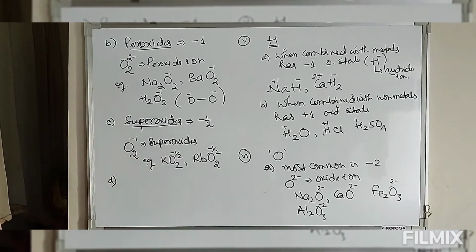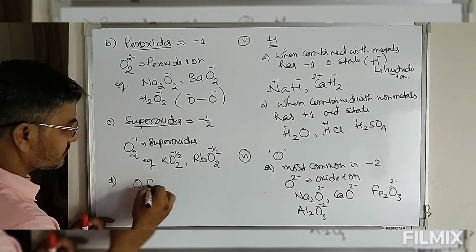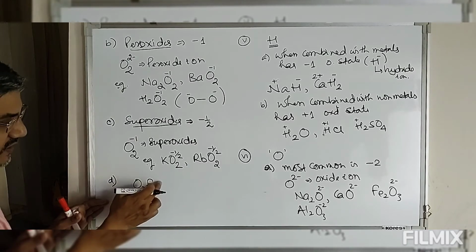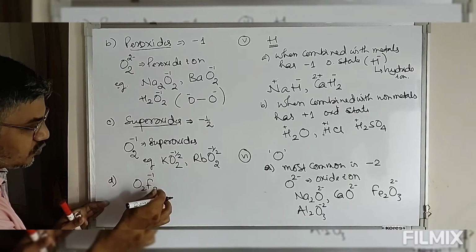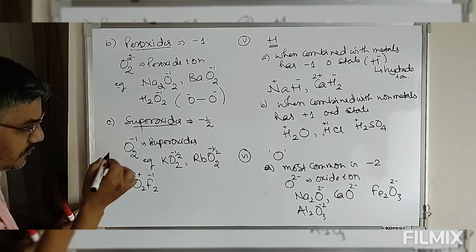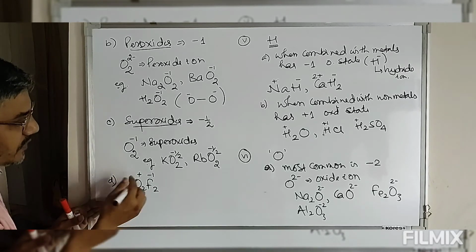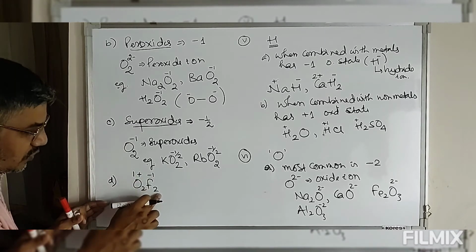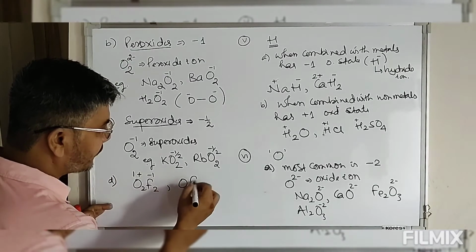When oxygen is combined with fluorine, in O2F2, fluorine is more electronegative than oxygen, so fluorine is -1, so there are 2 negative charges. For these 2 negative charges we should have 2 positive charges, so per oxygen the charge will be +1. So when oxygen combines with fluorine in O2F2, oxygen is +1.